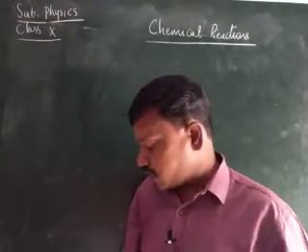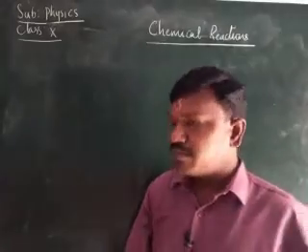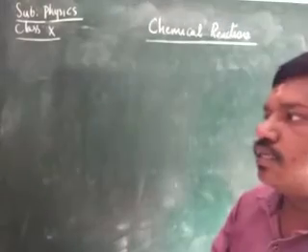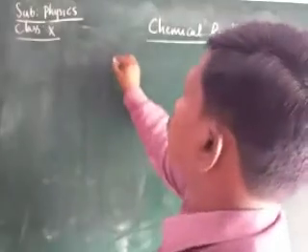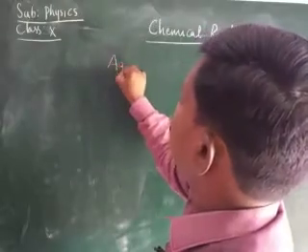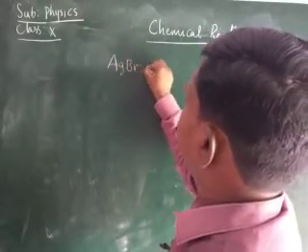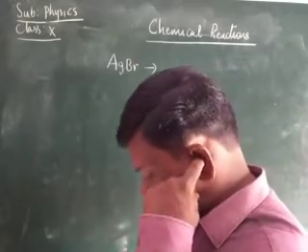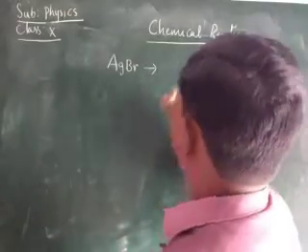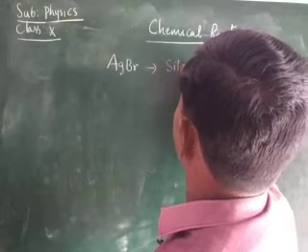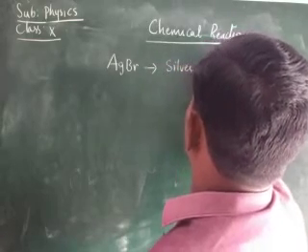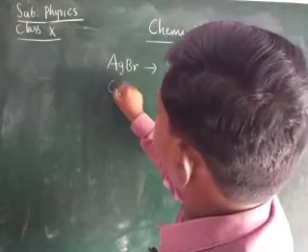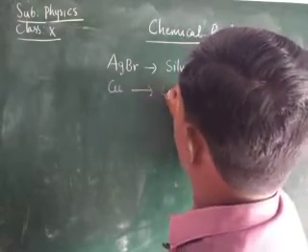Today I will be giving a few more. There is silver bromide, AgBr. That is silver bromide. Cu means copper.